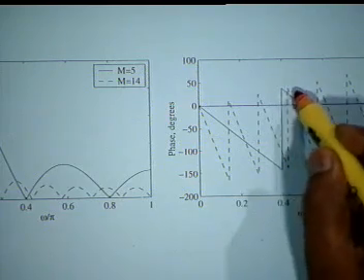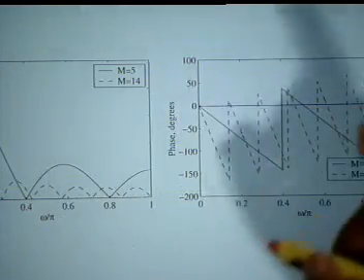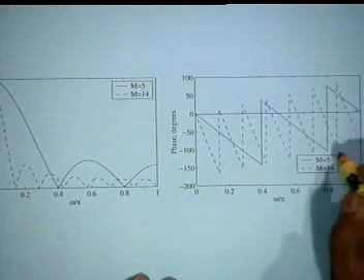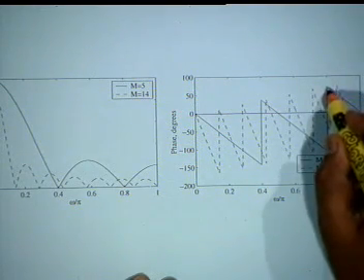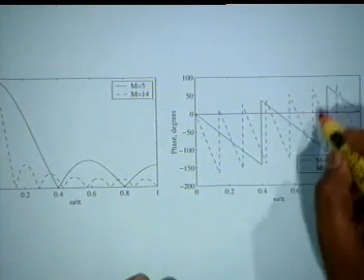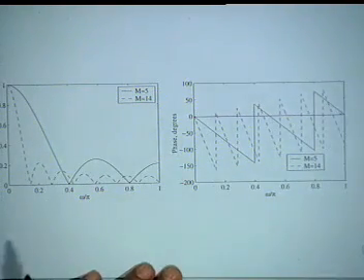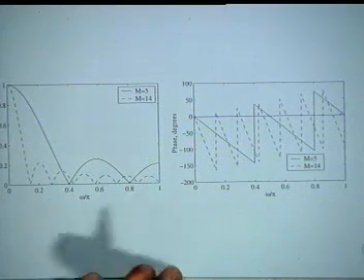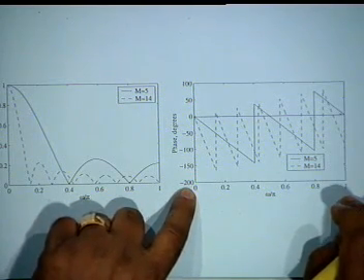For how long? When it remains negative, the phase is controlled by that term, minus omega times M minus 1 by 2. So it comes down again. These two lines are parallel. Then at the next transition, 0.8, again another pi is added. So the phase becomes a triangular waveform with a rising tendency. Okay? The phase is not simply minus omega times M minus 1 by 2. You have to state the phase within the range of vision. Okay? Is this point clear?